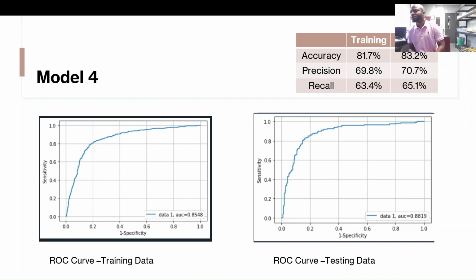The ROC curve here shows that the model is better than random guessing using the AUC numbers, which is close to 1 or higher than 0.5. And between the training and the testing data, the accuracy goes from 81% to 83%, the precision goes from 69 to 70, and the recall goes from 63 to 65%.